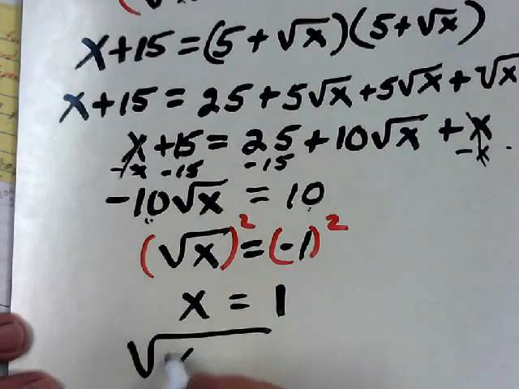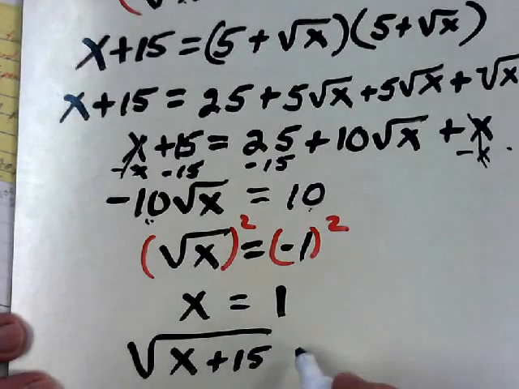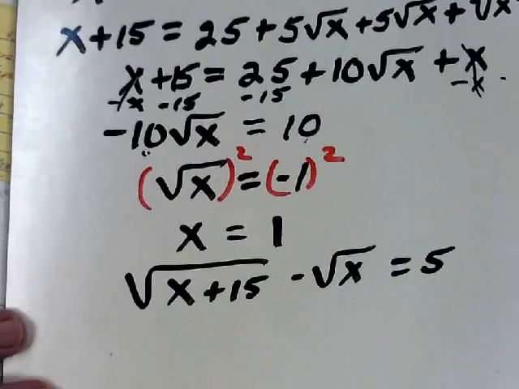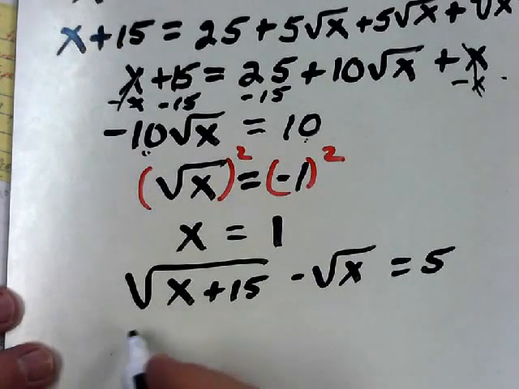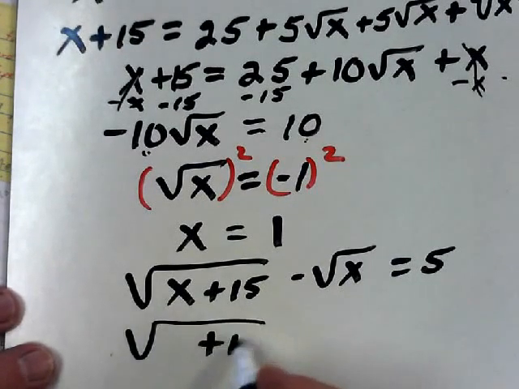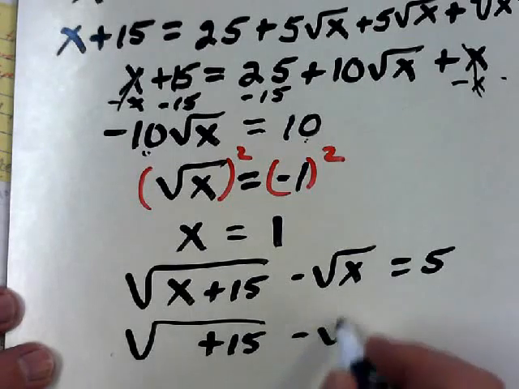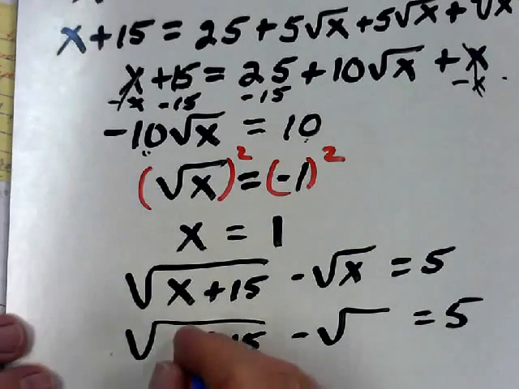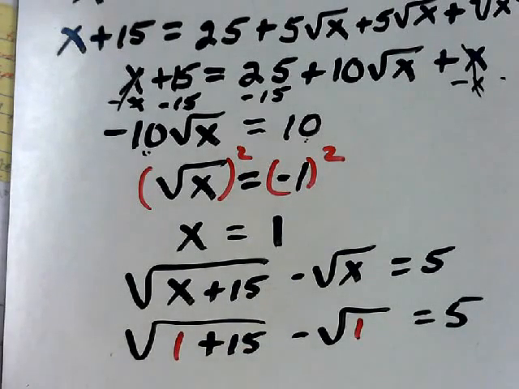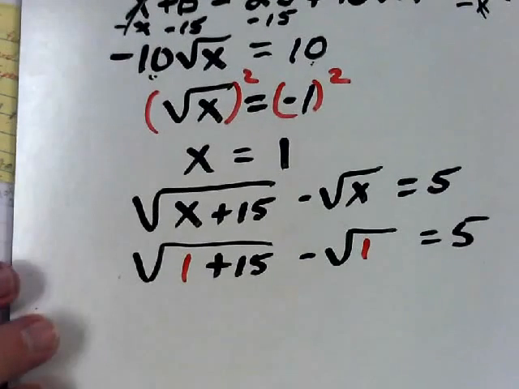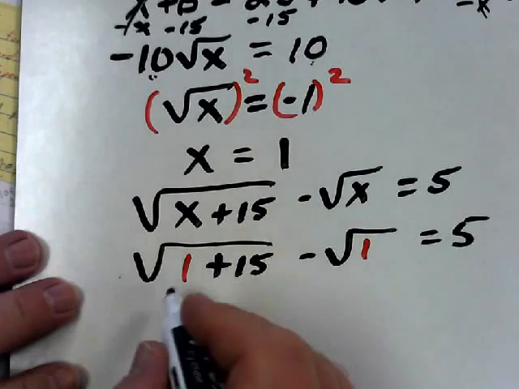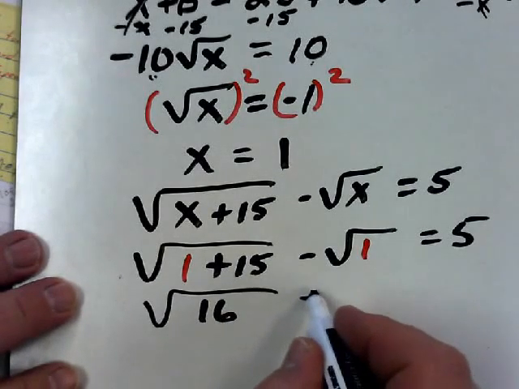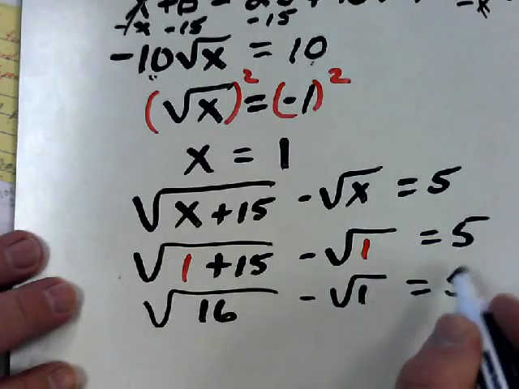So taking my original problem, putting back in the x values, 1 plus 15 is 16, minus the square root of 1 equals 5.